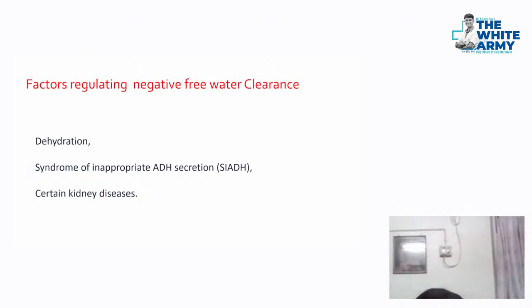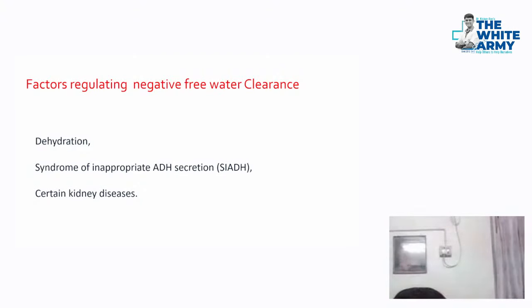Kidney diseases, mainly tubular interstitial diseases, as we mentioned earlier, which can make the tubules insensitive to ADH, some medicated drugs, etc. So when you encounter a patient with polyuria, you have to calculate the osmolar clearance, you have to calculate the free water clearance, you have to find out whether it's a positive or a negative free water clearance.